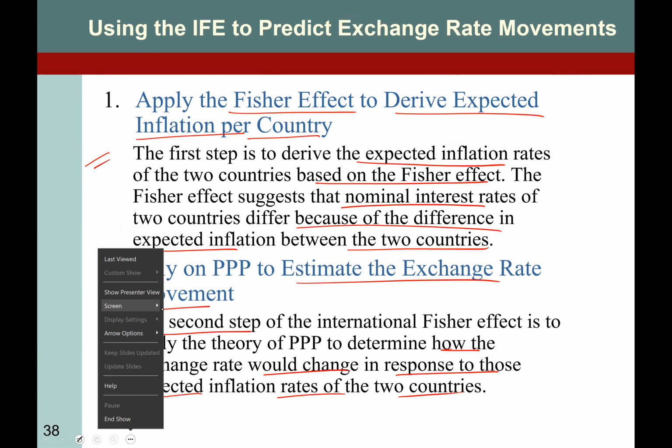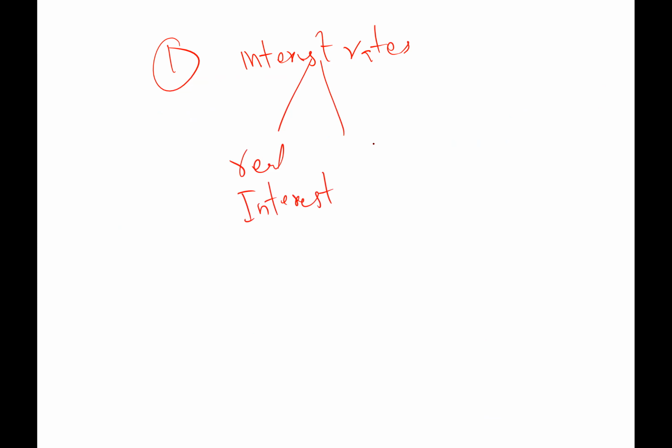By looking at their interest rate. The first step is you find out their interest rate, and within the interest rate you see their real interest and inflation premiums, or you find out the inflation part.